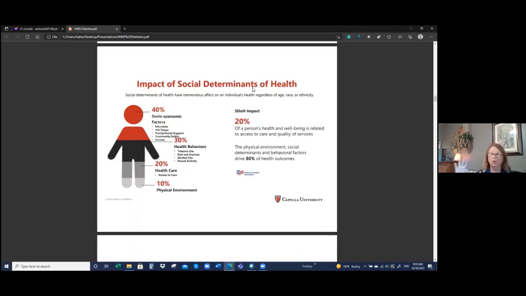So we spend an enormous amount of time influencing only 20% of the care they get, but 80% of their health outcomes are related to the social determinants of health. So again, the physical environment, their health behaviors. Now you see under health behaviors, these are really public health issues, right? But then when you get to the socioeconomic factors, they're different based on population health.